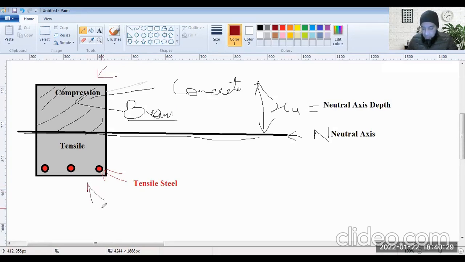Why? Because these are the extreme fibers. If you are pulling or bending something, the topmost fiber will be compressed the most, and the bottommost fiber will be under tension the most. That one is being stretched the most and this one is under the most compression at the top.